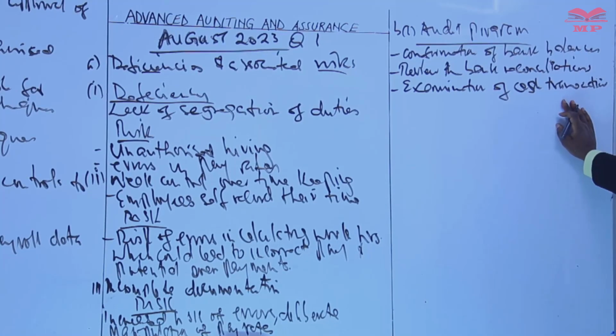The auditor can test a sample of cash receipts and disbursements for proper authorization, recording and posting to the general ledger, then verify the cutoff of cash transactions at the year end. You understand? Examination of the cash transactions may also involve reviewing bank transfers and electronic fund transfers for accuracy and completeness.